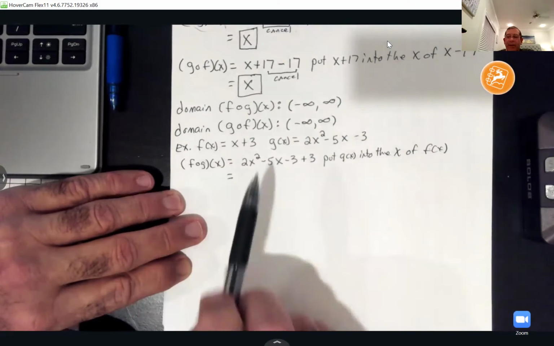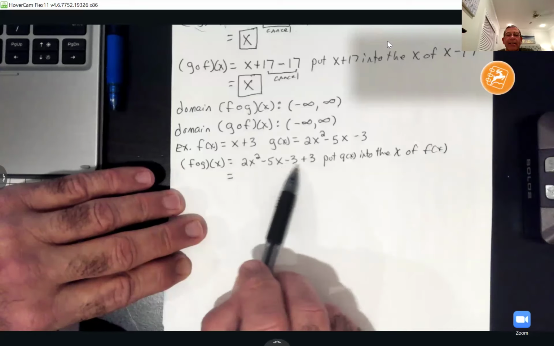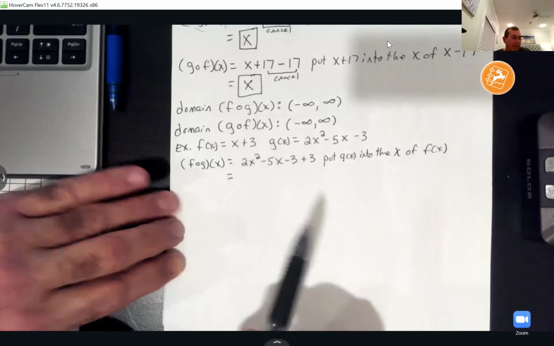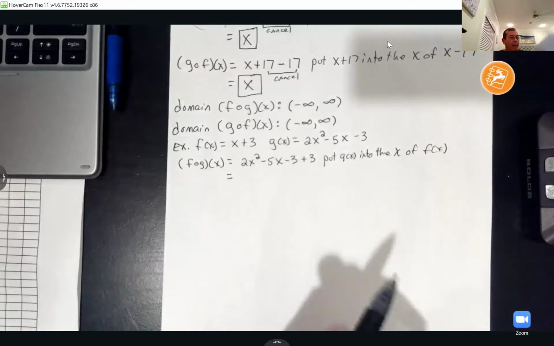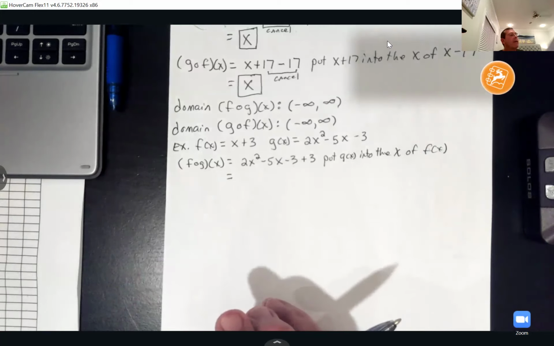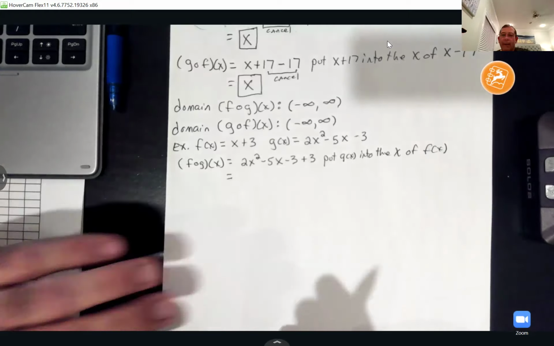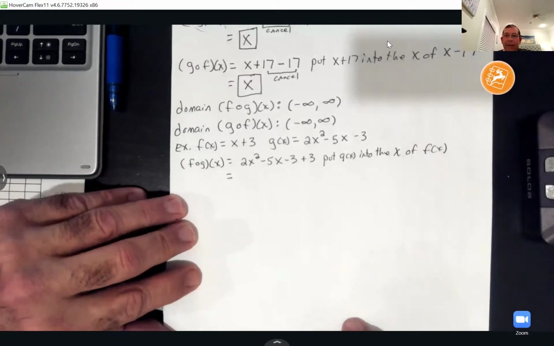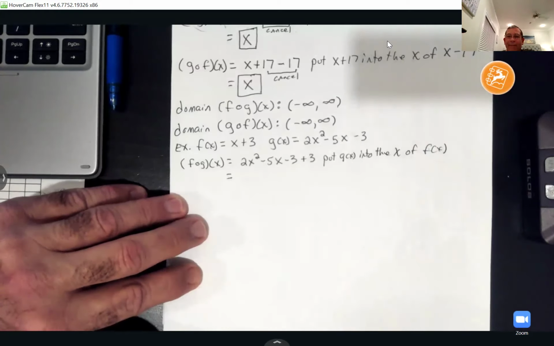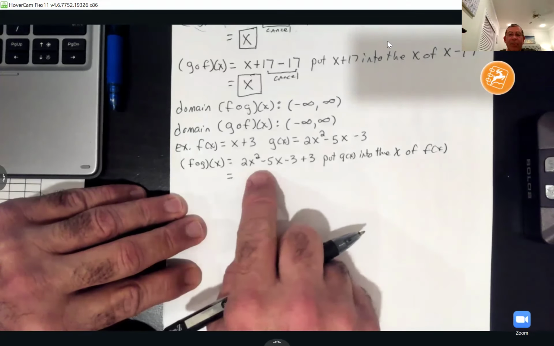So the question, what does this simplify to? Oh, and that does simplify a little bit, y'all.